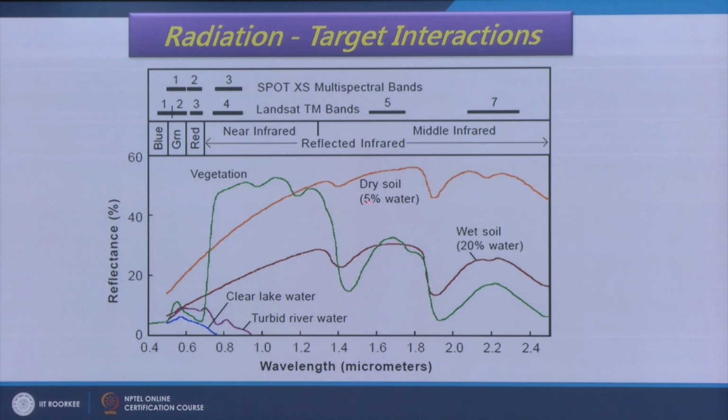Two examples are shown: 5% water, which is dry soil, and 20% water, which we consider wet. As soon as the soil becomes wet, it shows less reflection almost throughout the 0.4 to 2.4 micrometer range, across the visible, near infrared and mid infrared region.